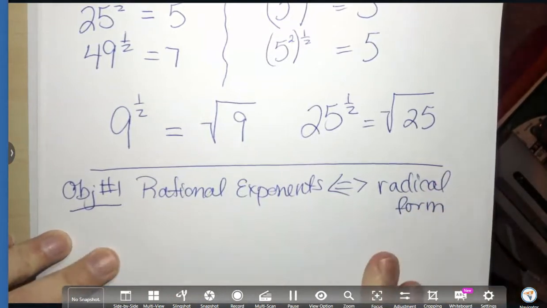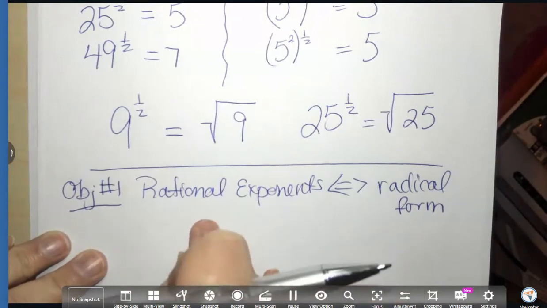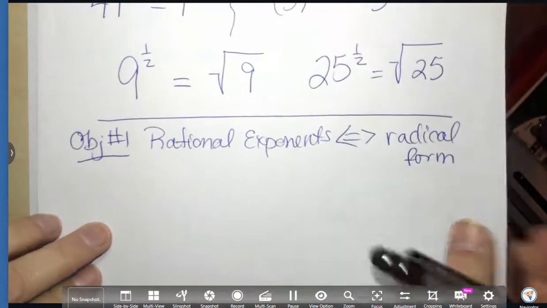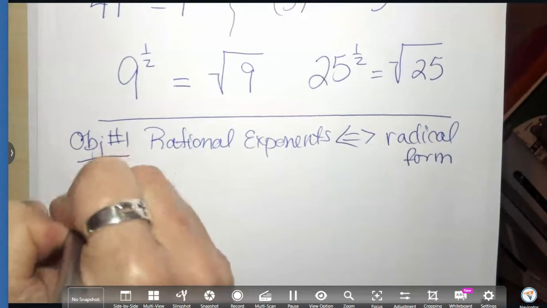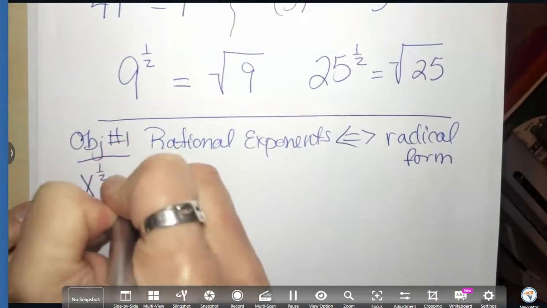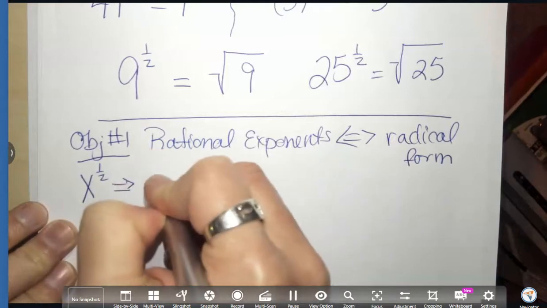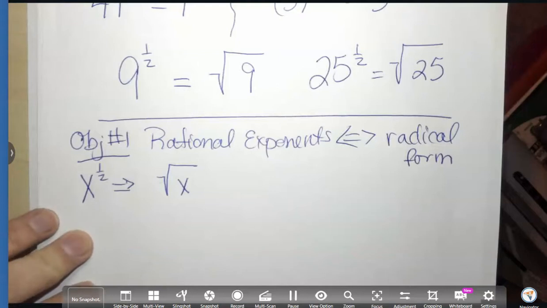So coming up with equivalent statements or equivalent expressions, some in rational exponents and some in radical form. So we learned that if I have x to the 1/2 power, I know that that is equivalent to the square root of x.